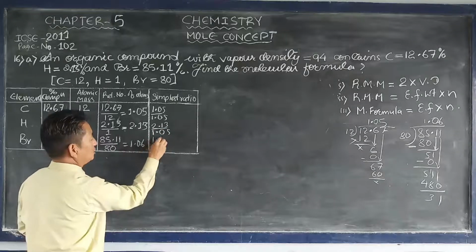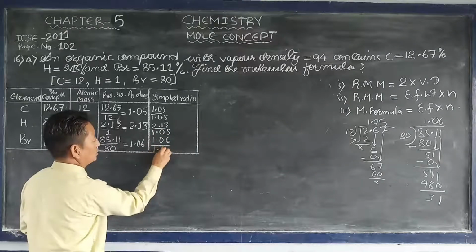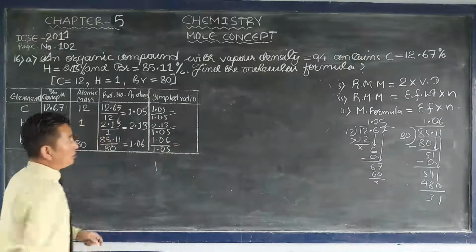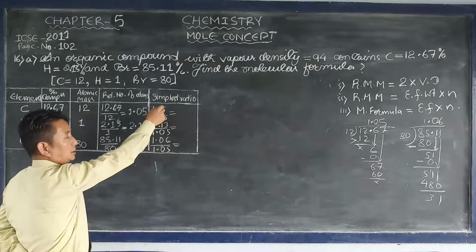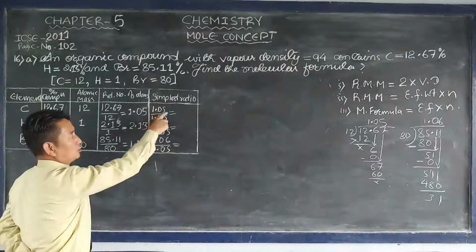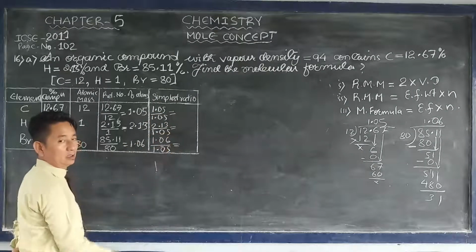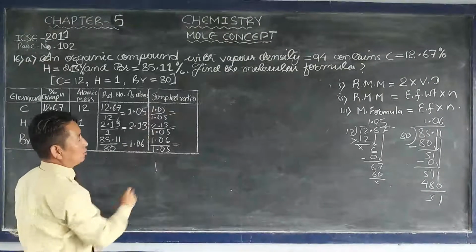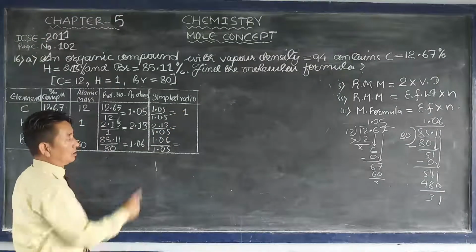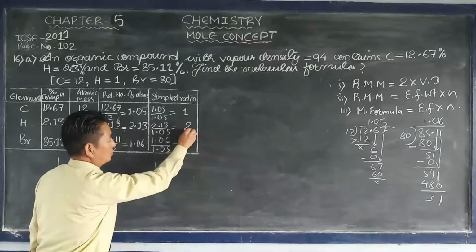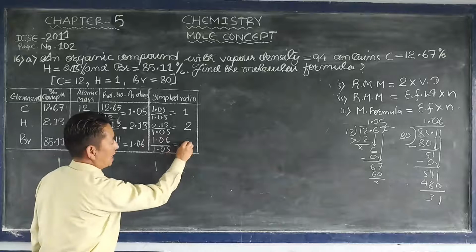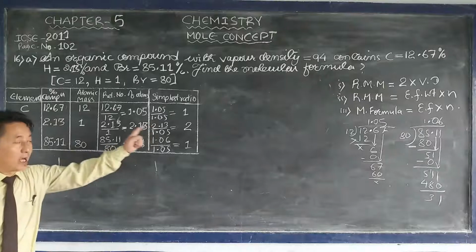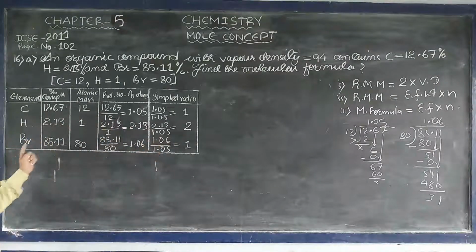Here 1.06 is divided by 1.05. Now here you can see, omit the digits after the decimal places. So 1 is divided by 1, 1. 2 is divided by 1, 2. 1 is divided by 1, 1. The simplest ratio: carbon atom 1, hydrogen atom 2, bromine atom 1.